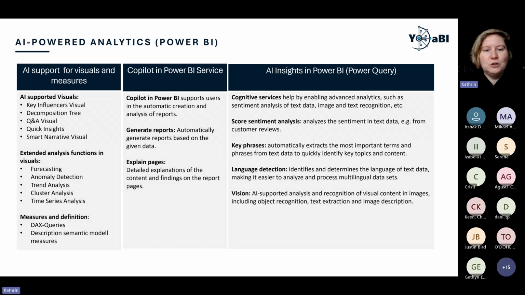And the last one is the vision, which is an AI-supported analysis and recognition of visual content and images. I tried this, and I used pictures of my cat to analyze if the AI can see my cats in the picture, or if it sees something different, like a croissant.